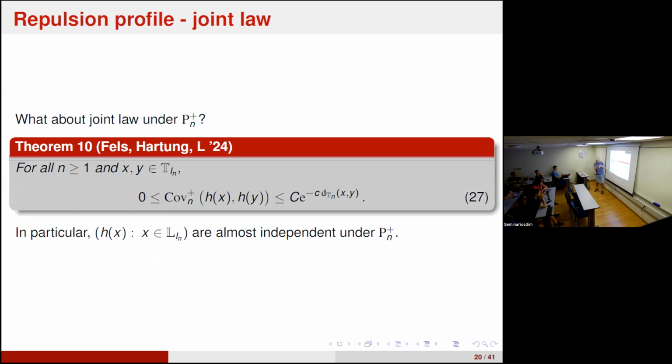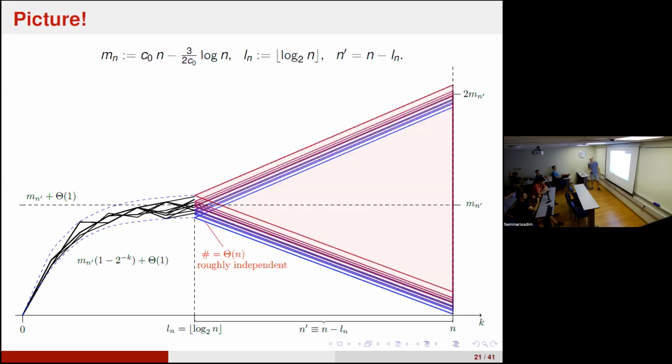Maybe the neighbor of a vertex in generation l_n is somehow dependent, but if you go 10 vertices away, then they're roughly independent. So you have all these guys following this trajectory, and here they're almost independent.